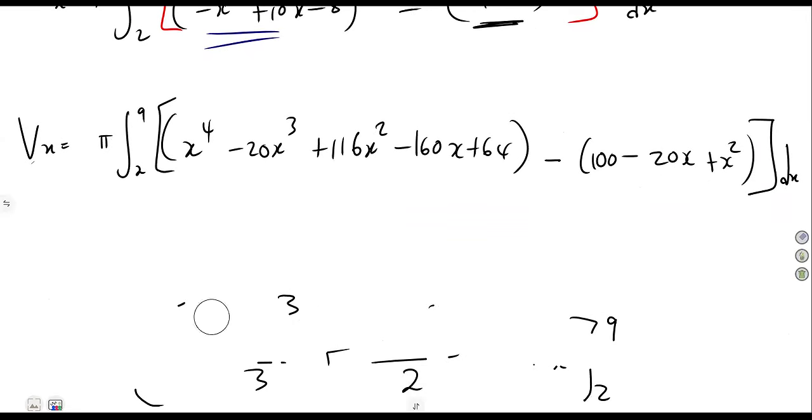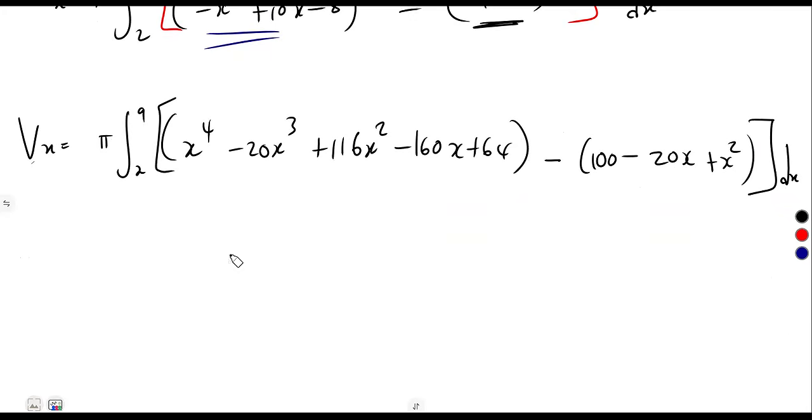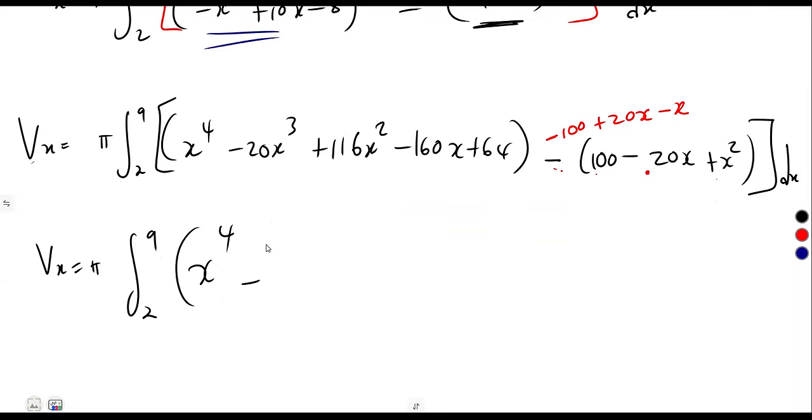And from here, we can expand the second bracket with a negative, then collect the like terms. So negative times 100 is minus 100, negative times negative 20x is positive 20x, negative times x squared is minus x squared. Collecting your like terms, it is going to be x to the exponent of 4 minus 20x cubed.